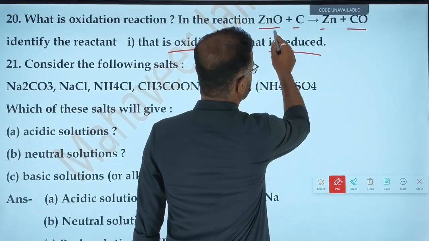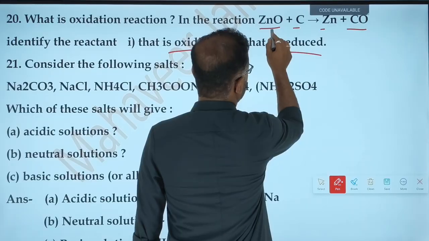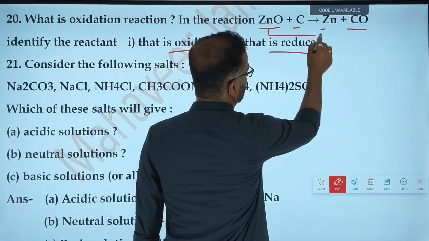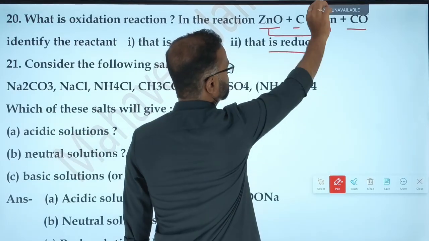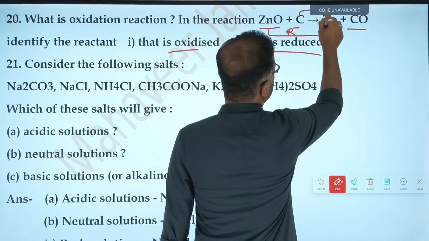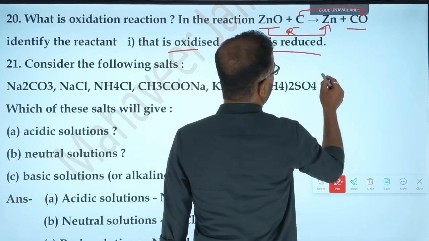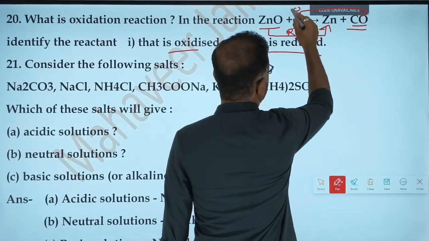Here they have given zinc oxide plus carbon. Now see here, which is oxidized. From the zinc oxide, oxygen is being removed to form zinc. So removal of oxygen is called reduction. To this carbon, oxygen is being added. Carbon has converted into carbon monoxide. That means carbon has undergone oxidation.